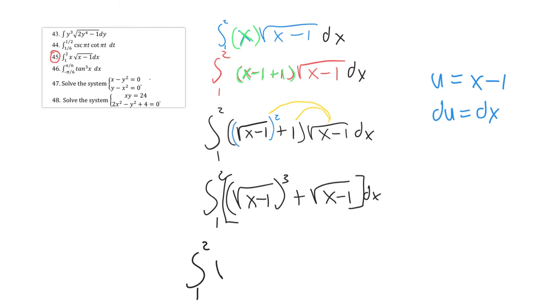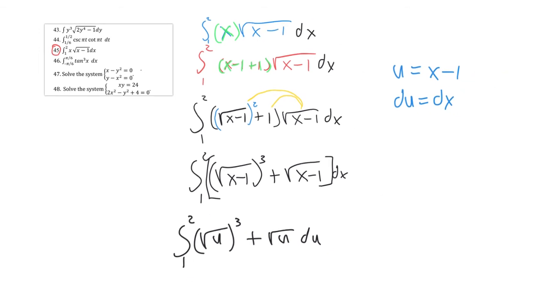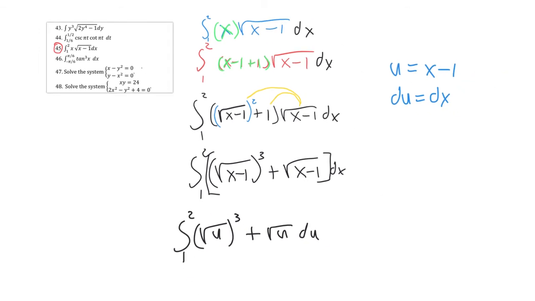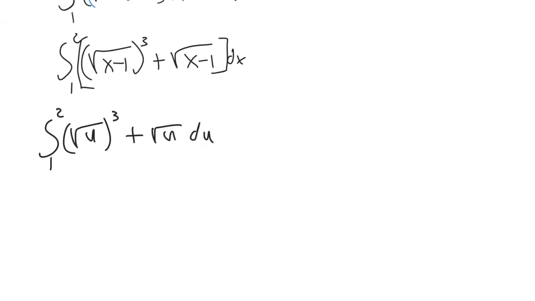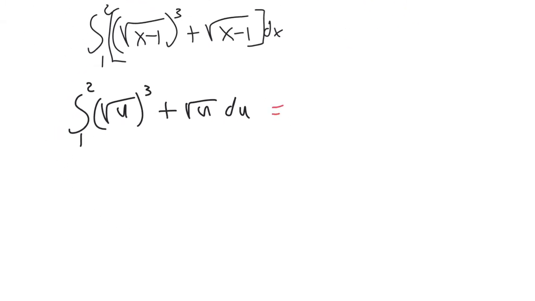So this would become radical u to the third plus radical u, and it would be du because dx is equal to du. And I think a better way of writing that would be to say that this is u to the 3/2 plus u to the 1/2. And then we have du.